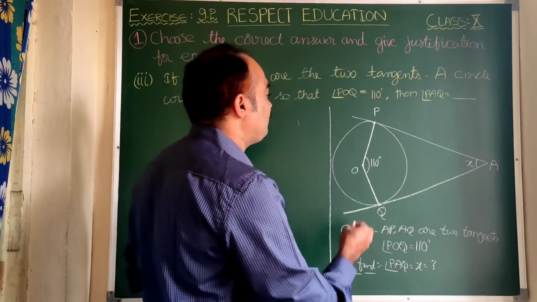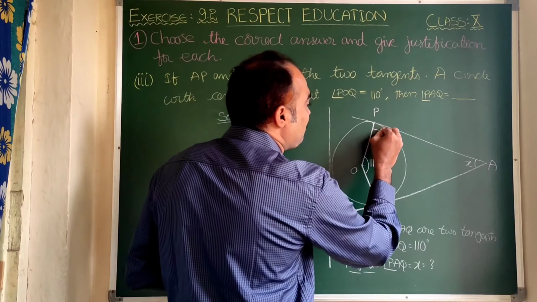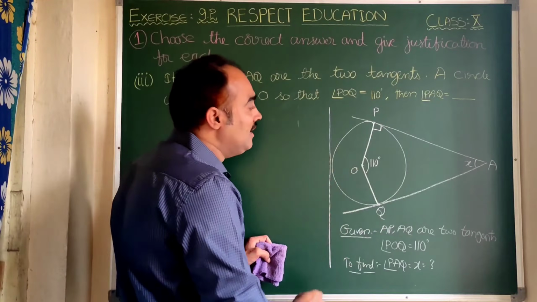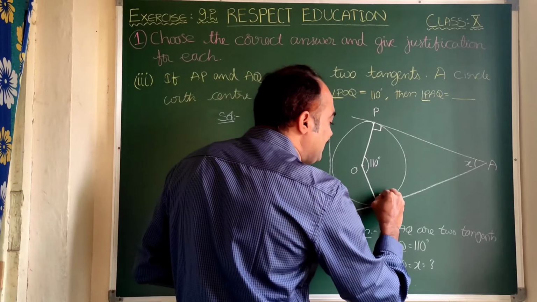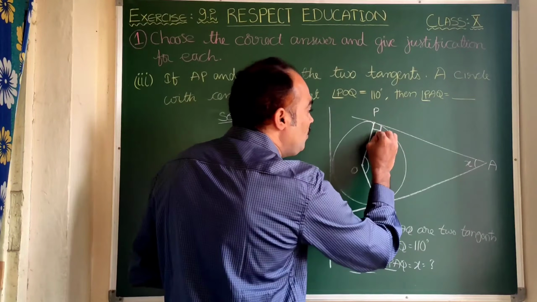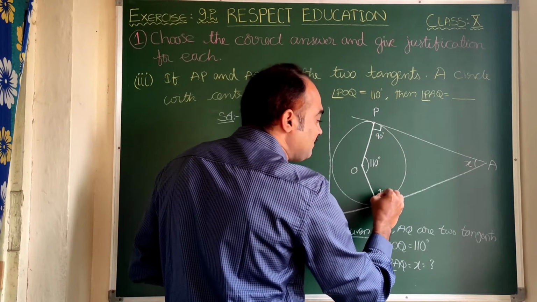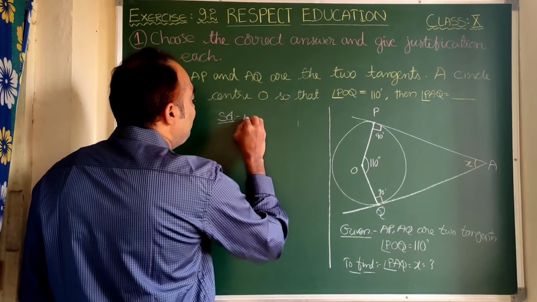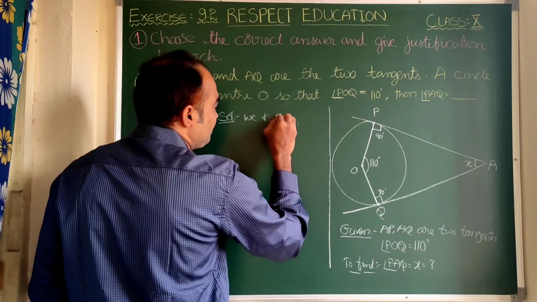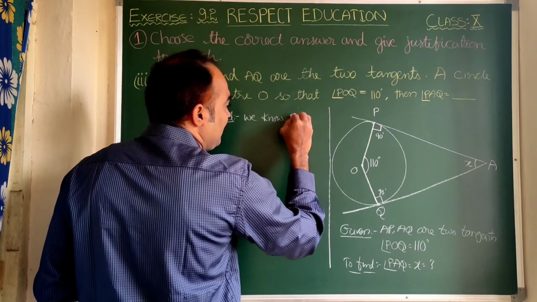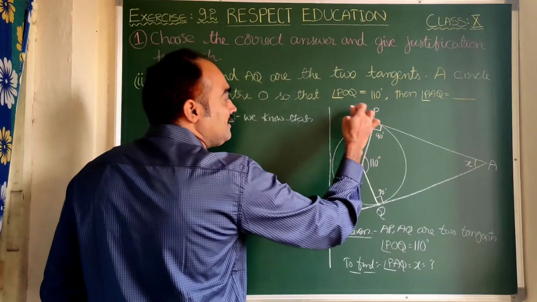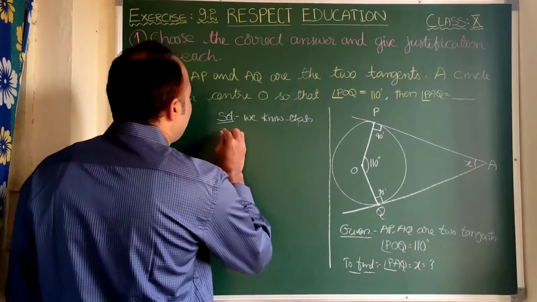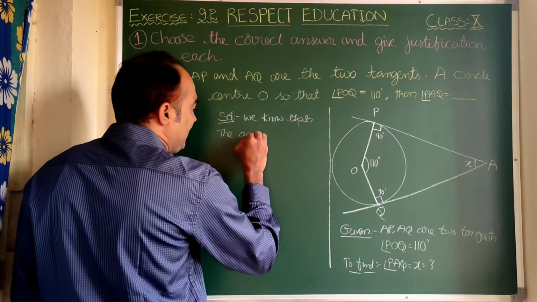What is the known thing for us? We know that the angle at P is 90 degrees. That already we have seen. That is theorem 9.1. And angle Q is also 90 degrees. For these two, I am writing the common theorem here: we know that the angle between the radius and the tangent at the point of contact is 90 degrees. So that's all, simple.